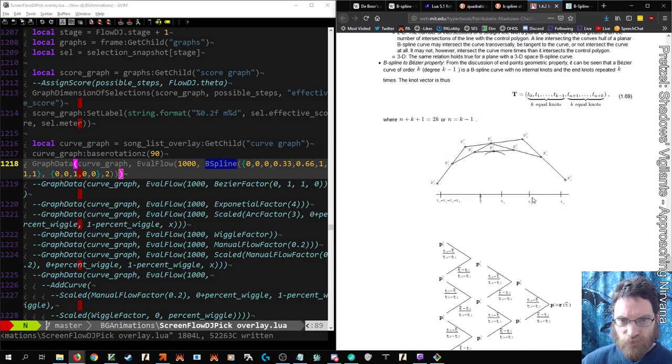Well, we sort of have some things. N plus K plus 1 equals 2K, or n equals K minus 1. B-spline to Bezier, okay. Order K with no internal knots and the endpoints repeated.